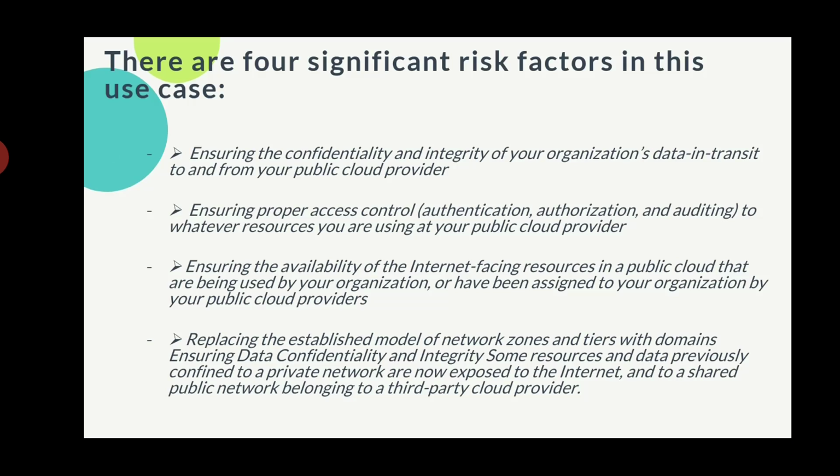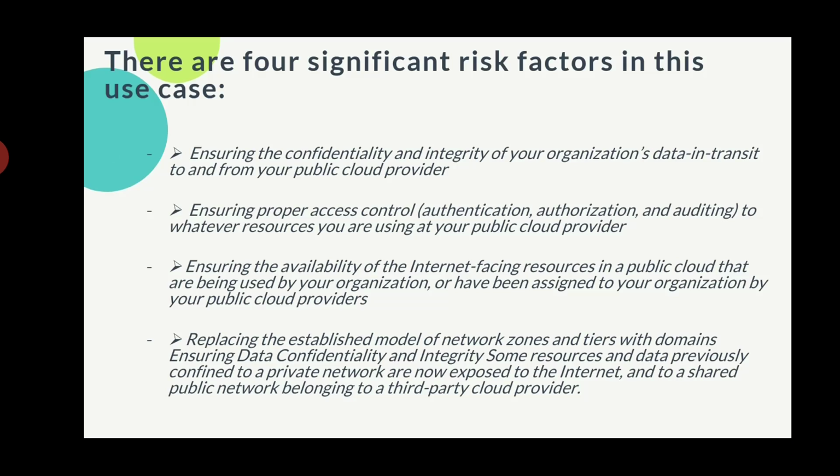Now we can see the key point of this: some resources and data previously confined to a private network are now exposed to the internet, and shared on the public network belonging to a third party like a cloud provider. Okay, here we already saw the private, extranet and private cloud. Here we are studying about ensuring data confidentiality and integrity.